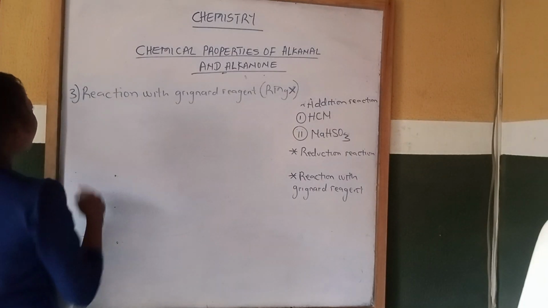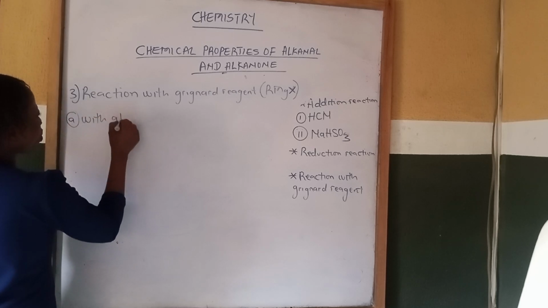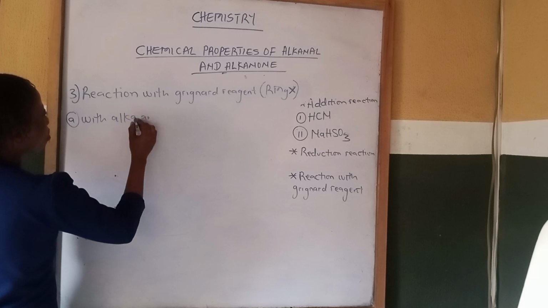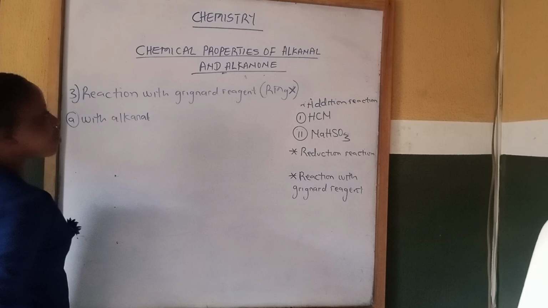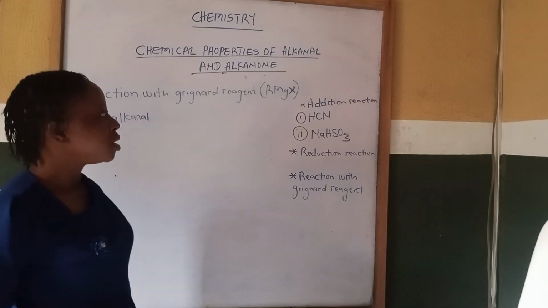So let's take the first reaction with alkanal. Then this chemical reaction is of two stages.